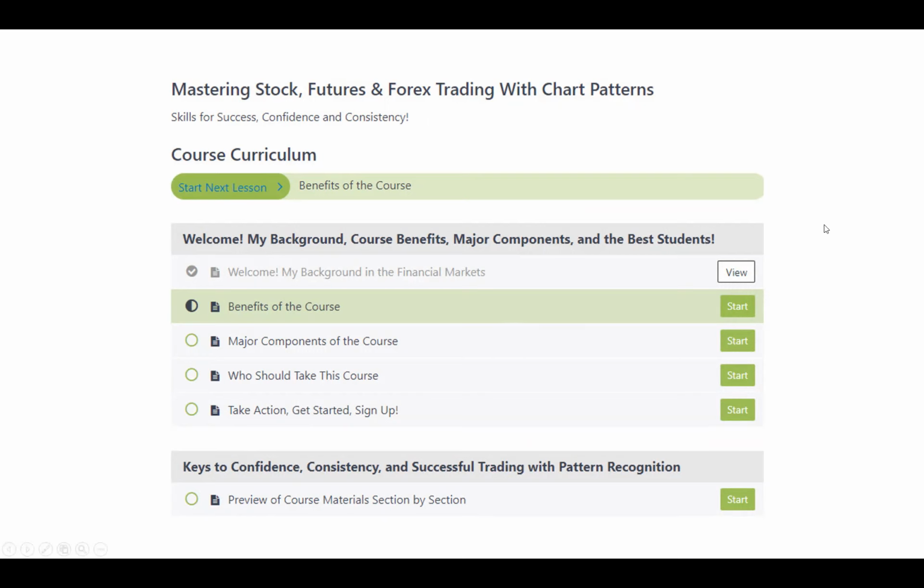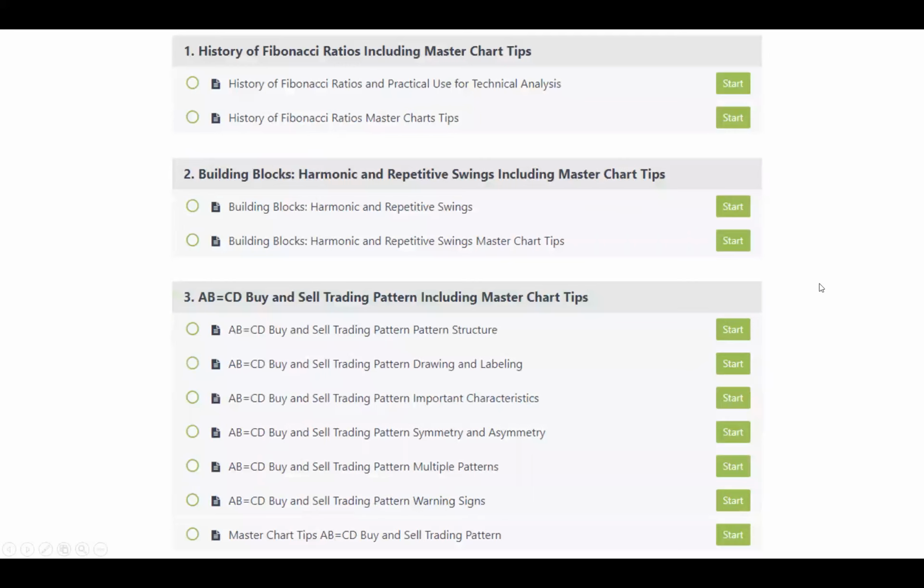So let's go through the course and I'll show you what is included. Okay, so you're going to start with the history again. This was just an overview of the history of the fib ratios. And at the end of every section, I put in master chart tips. This is where I take the information that I'm teaching you in these sections, and then I go to my live charts and I show you how to actually apply it on live charts.